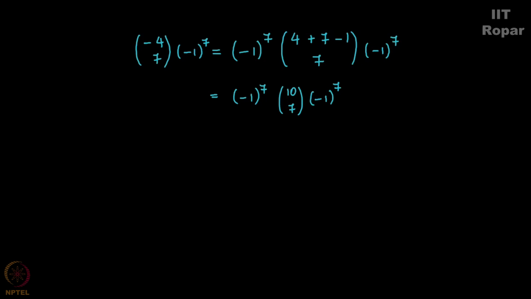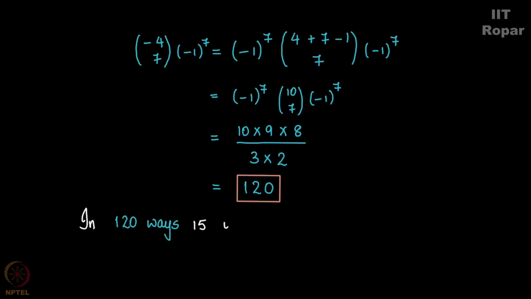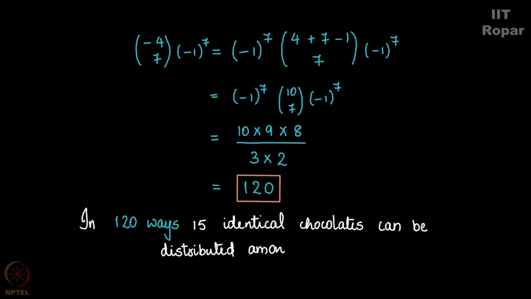So, once we apply the formula for 10C7, we see that it is 10 into 9 into 8 by 3 into 2, which gives me 120 upon calculation. So, we see that 120 is the answer, that is, it is the coefficient of x to the 15. So, in 120 different ways, 15 identical chocolates can be distributed among 4 children, so that each child gets at least 2 chocolates.